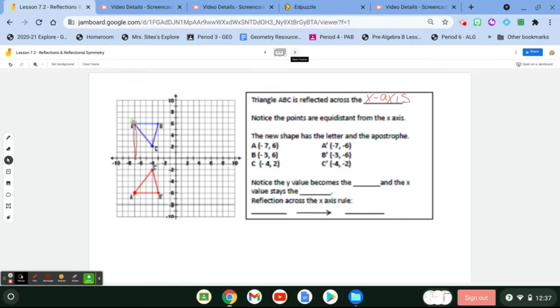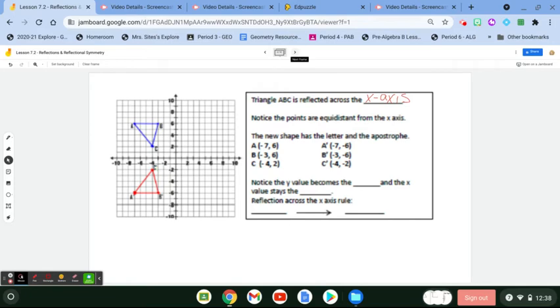If I counted from A prime, same thing. I would do the same thing for B and B prime, it would be 6 units. If I counted from C and C prime, it would be 2 units. So that would be a way to find my line of reflection, just counting the same amount of units on both sides.